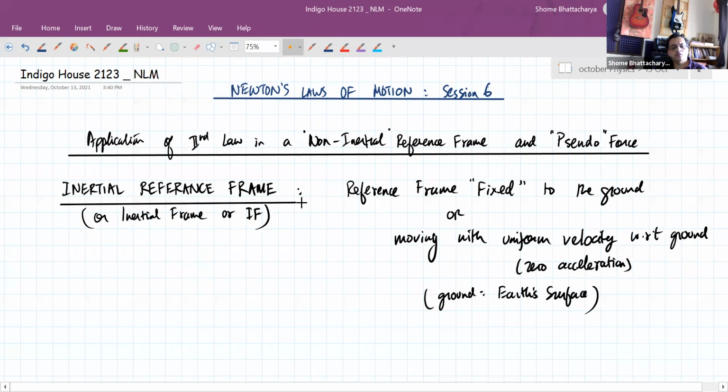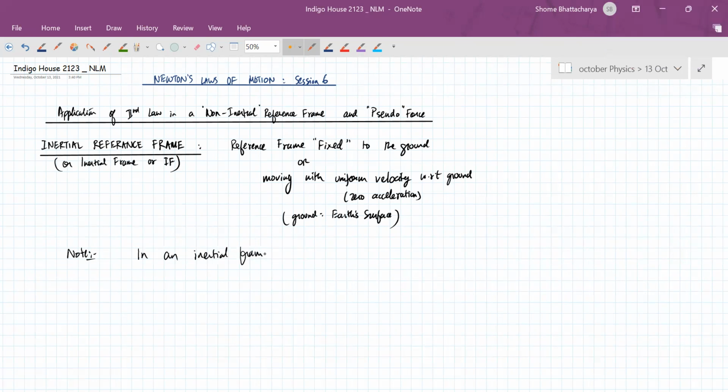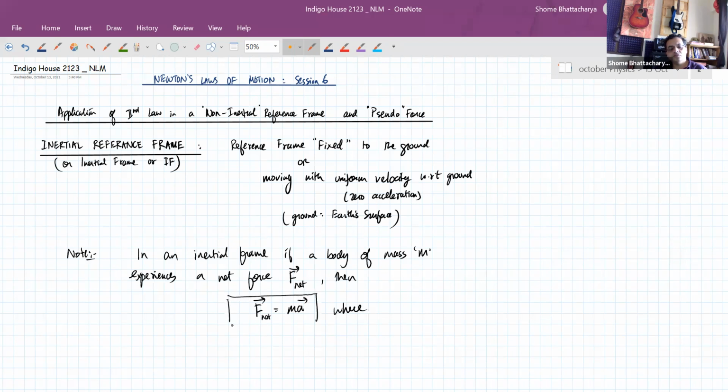Now, when we apply Newton's second law in an inertial frame, if a body of mass m experiences a net force, so this is Newton's second law applied to a body in an inertial frame.